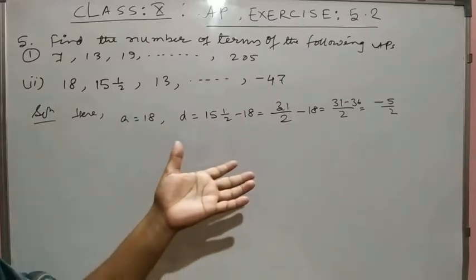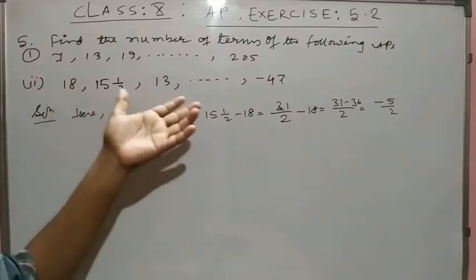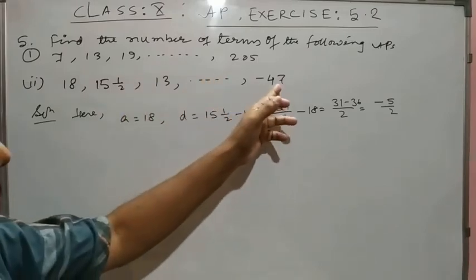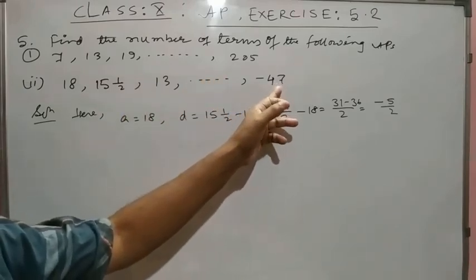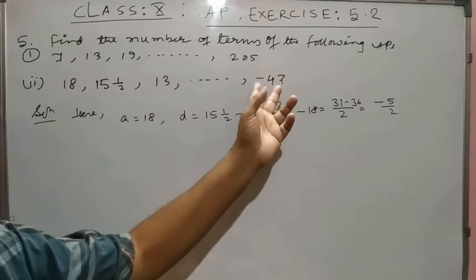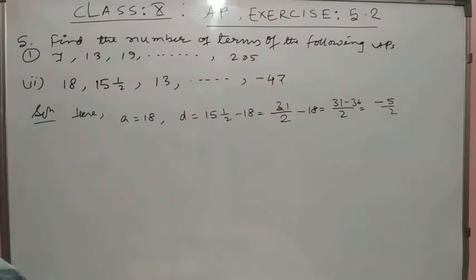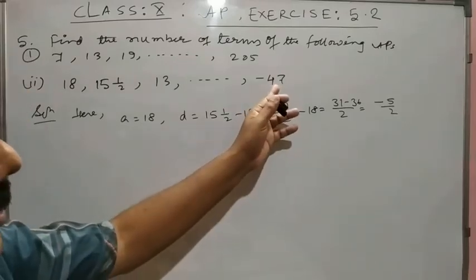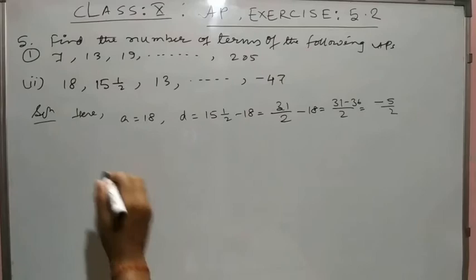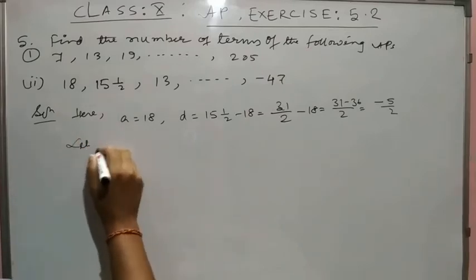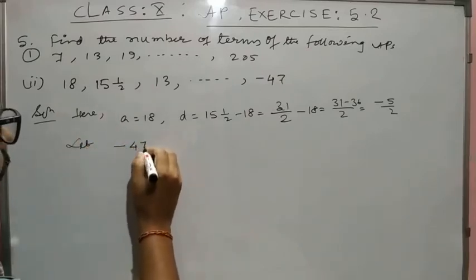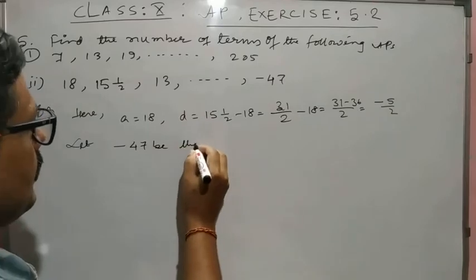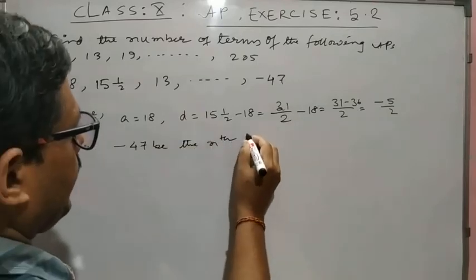Now you have to find out the number of terms in this AP. To find out the number of terms, first of all we will select minus 47 as the last term, and find which number term it is. Earlier also we discussed this type of question. So we will try to find out the position of this term. So let minus 47 be the nth term.